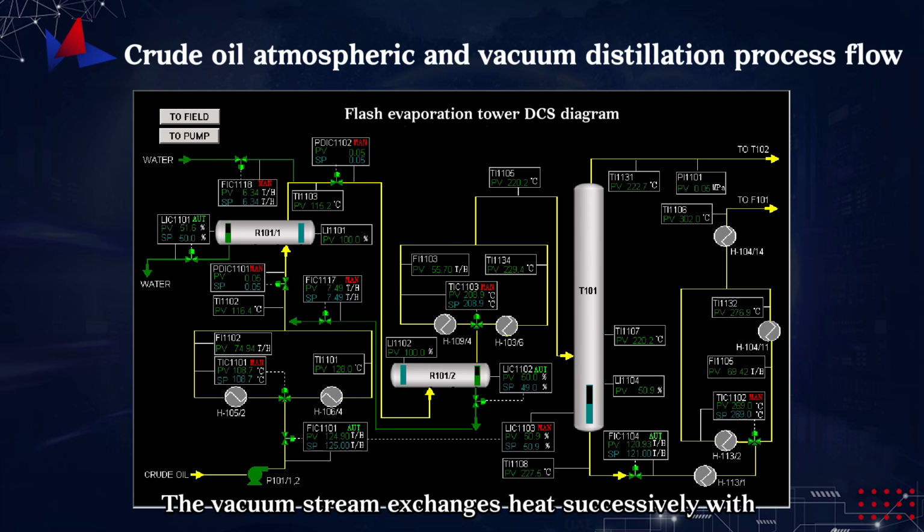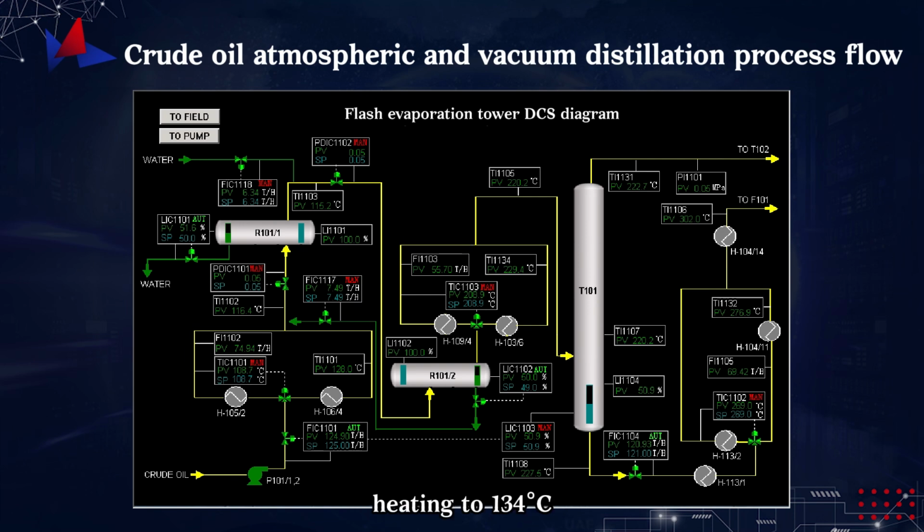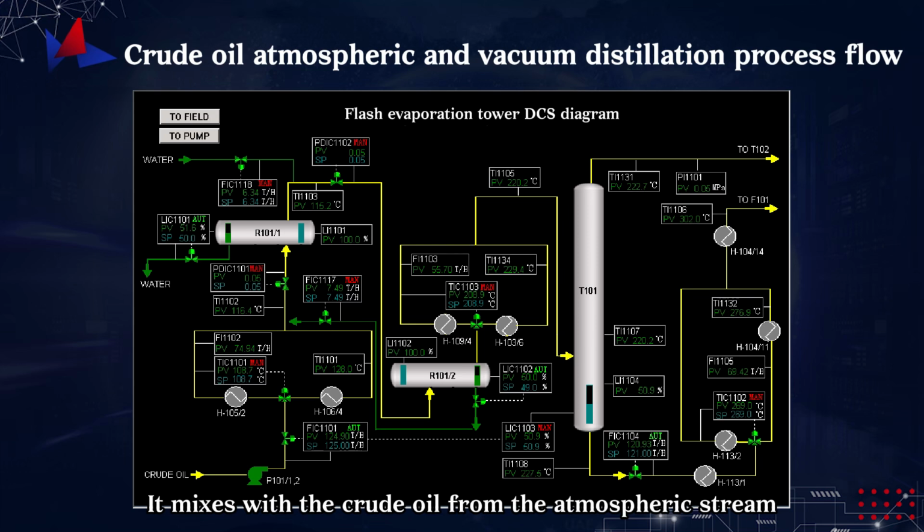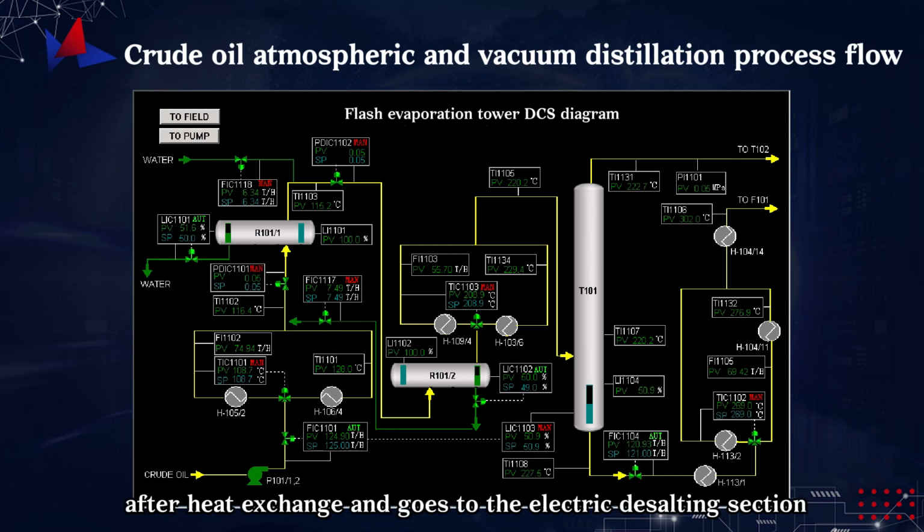The vacuum stream exchanges heat successively with the crude oil VAC first side stream and overhead reflux exchanger, crude oil VAC second side stream exchanger, and crude oil VAC residue exchanger, heating to 134 degrees Celsius. It mixes with the crude oil from the atmospheric stream after heat exchange and goes to the electric desalting section.